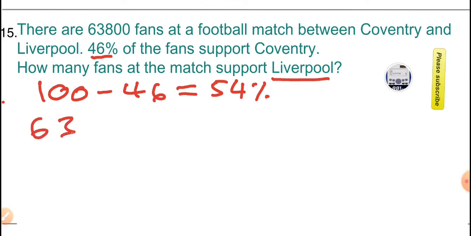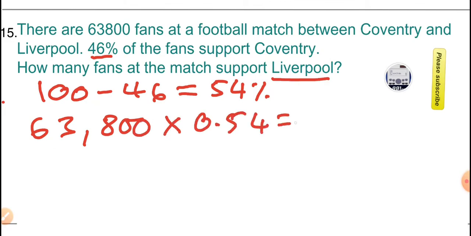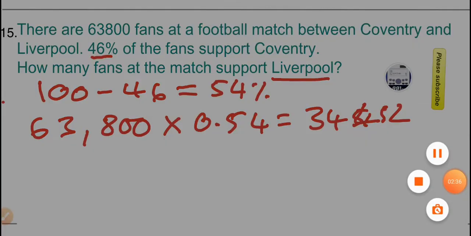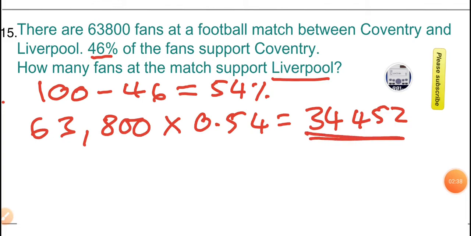So we just do 63,800 times 0.54, and that will give us the answer. So the answer is 34,452. So this is the other way to work out the answer. The number of fans that supported Liverpool were 34,452.